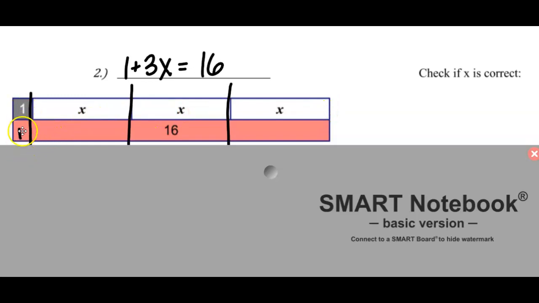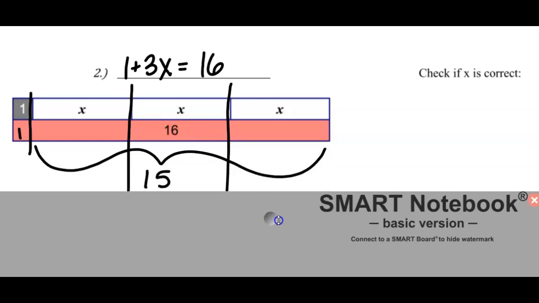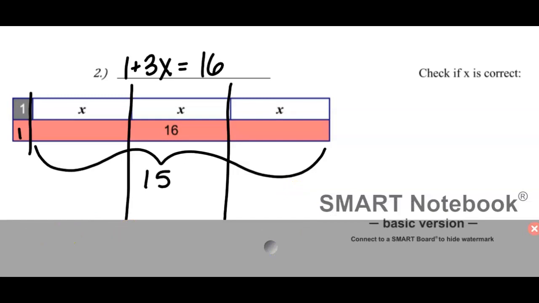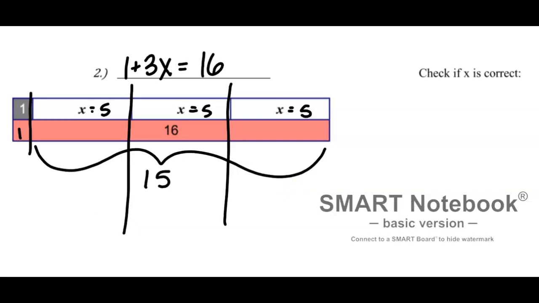If we take this 1 off of the 16, how much would be left? 15, right? And so now if I take those 3 chunks, which have to be equally split up between 15, how much would each chunk be? Hopefully you said 5, because 5 plus 5 plus 5 is 15. So x should be equal to 5.